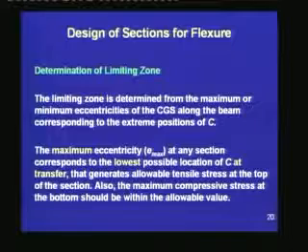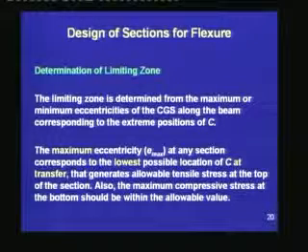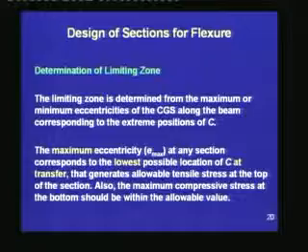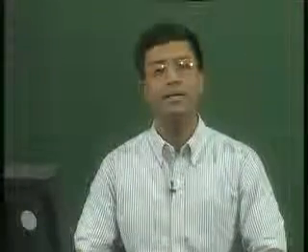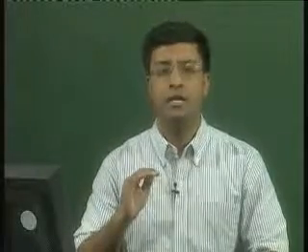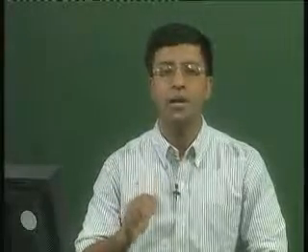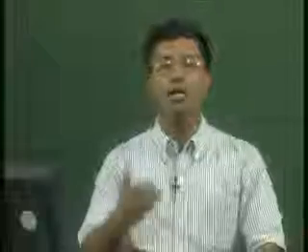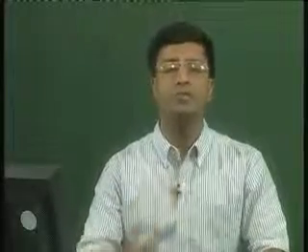As is evident from the word itself, the limiting zone is determined by placing the CGS as low as possible such that it corresponds to the extreme position of C. The lowest possible eccentricity, that means the distance of the CGS from the CGC at a particular section, will be denoted as e max, and it is determined in such a way that the compression does not cause a tension at the top beyond the allowable value, or a compressive stress at the bottom beyond the allowable value.